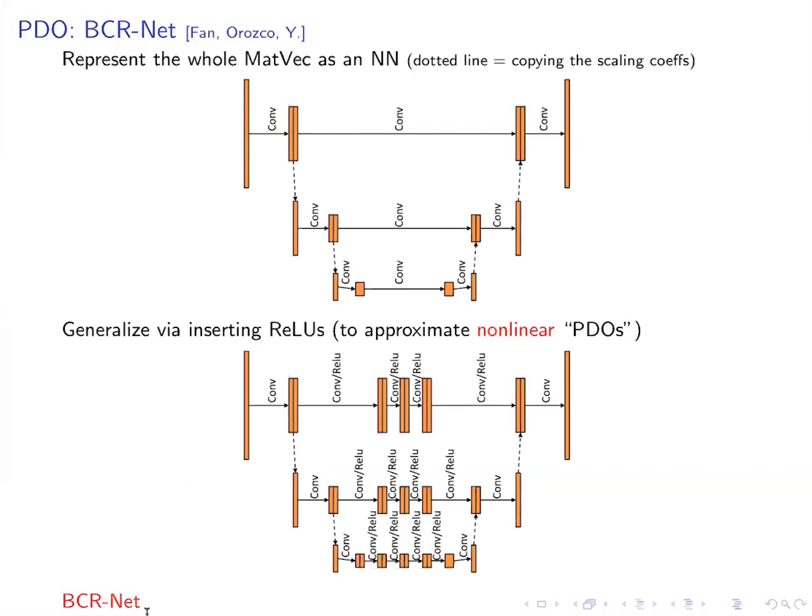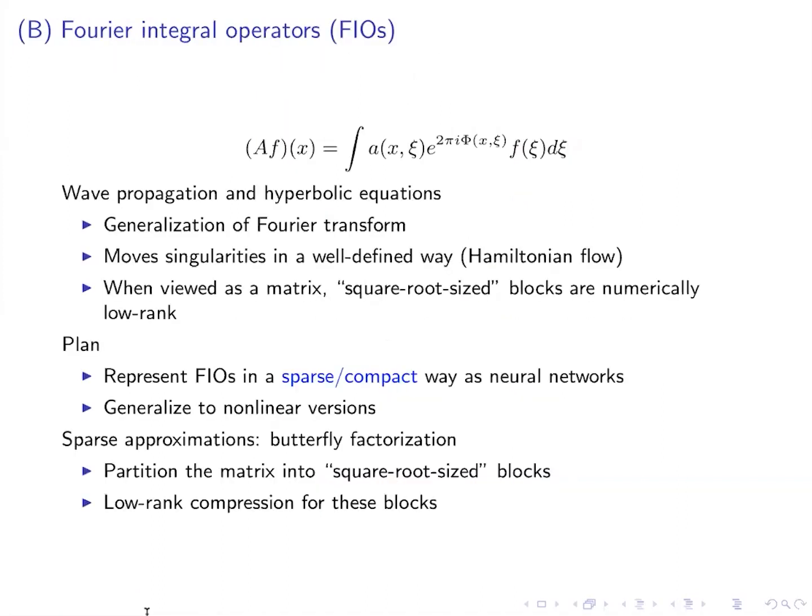Okay. Now, second, let's talk about the so-called Fourier integral operators. Fourier integral operators are typically written in this form. It's much easier to talk about this in the Fourier representation. It appears quite a lot whenever you have wave propagation and you work with hyperbolic problems. It's a generalization of the Fourier transform, which means it has certain very nice features.